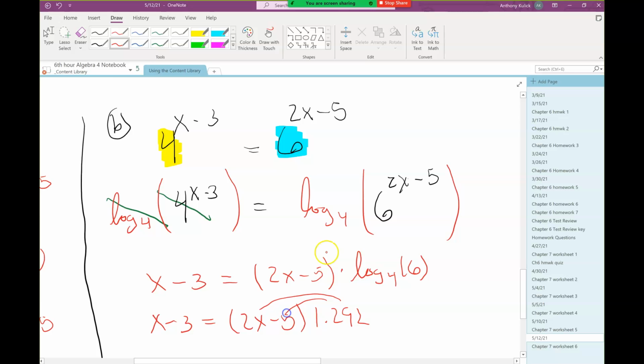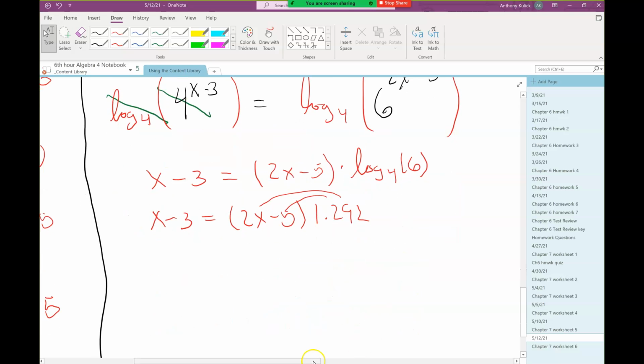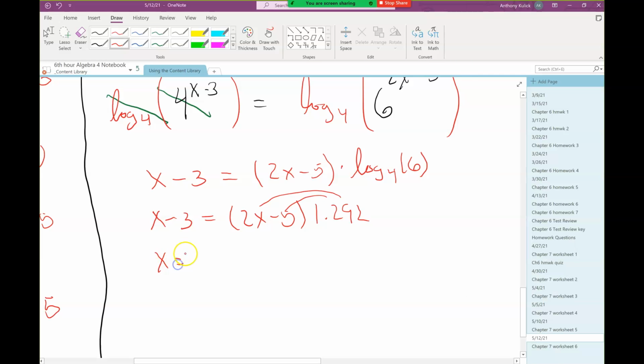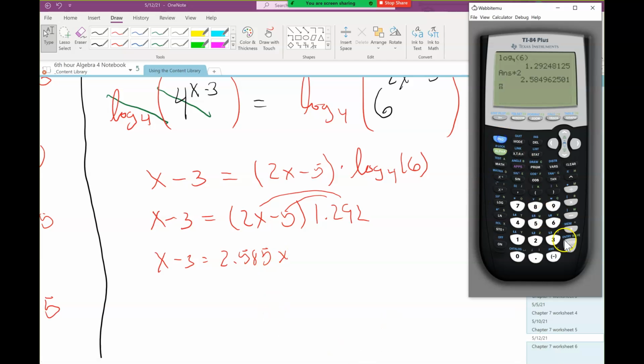So then I can just kind of distribute that in. So I have 1.292 times 2 is 2.585. And then that number times 5 is 6.462.